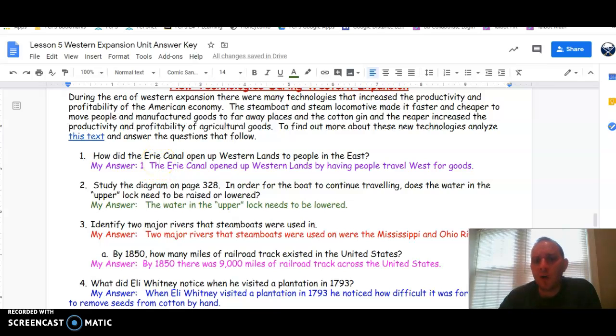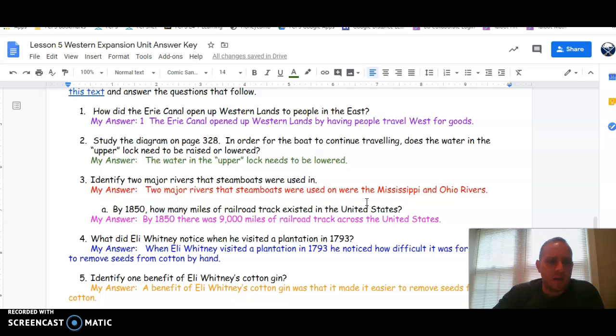The Erie Canal opened up western lands by having people travel west to transport goods. The diagram on page 328 shows a canal, and this shows us that the water in the upper lock needs to be lowered in order for the boat to continue moving. Two major rivers that steamboats were used in were the Mississippi River and the Ohio River.